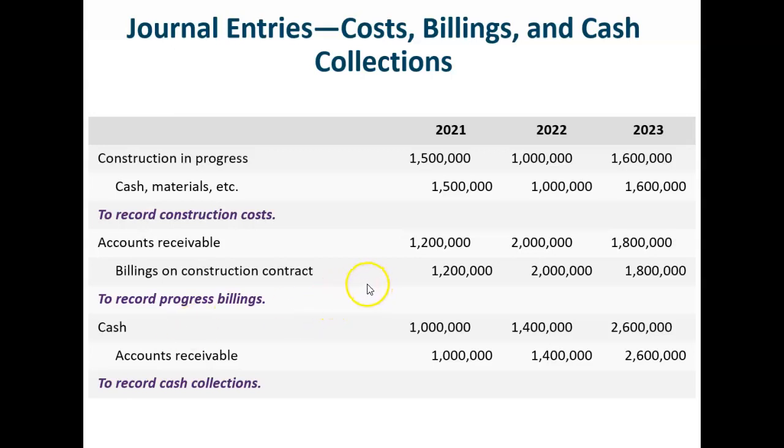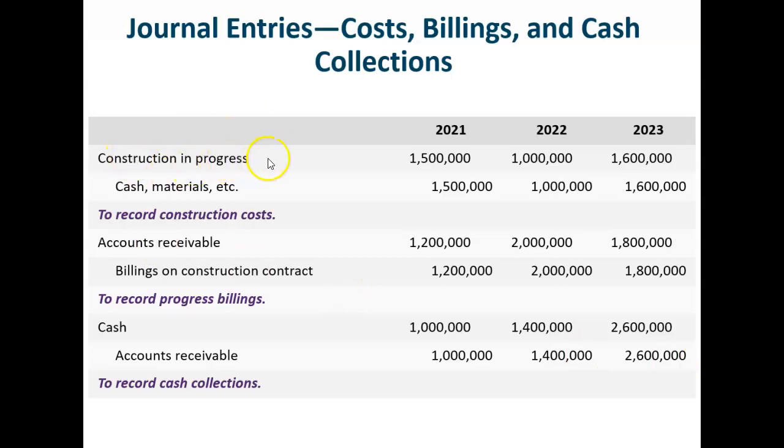The first journal entry shows Harding incurring various construction costs during the construction process and recording them as an asset called construction in progress. That is abbreviated CIP for short.